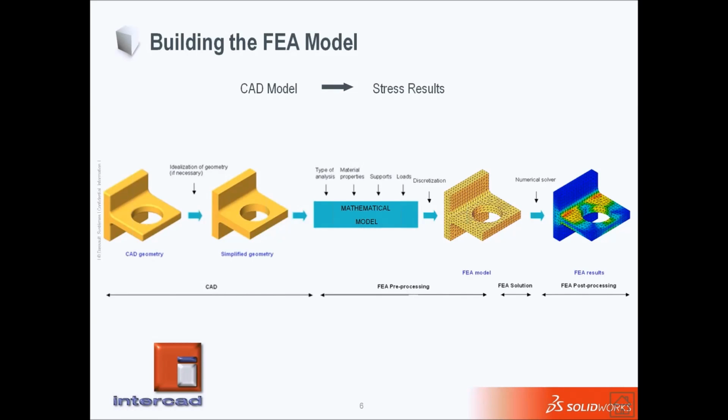The steps are simply divided into four, which first is your CAD design, where you do the design in your CAD software. Then we have pre-processing, then we have the solution, and then post-processing, where you see the whole result.